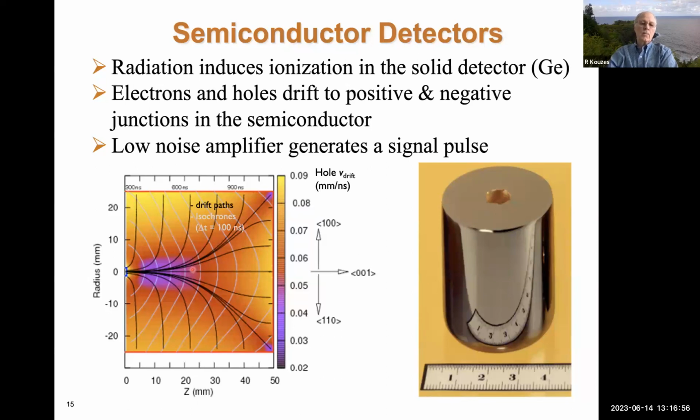And when a particle interacts inside of this solid, it generates, again, electrons and holes. The voltage causes the electrons and holes to drift toward the anode and cathode within this solid. There is no amplification that occurs. So if the noise is low enough in this material, we can collect those electrons and holes and we get a signal out of this device.